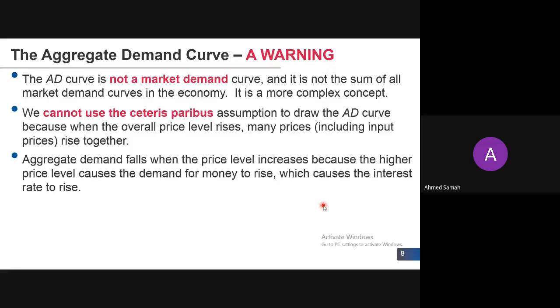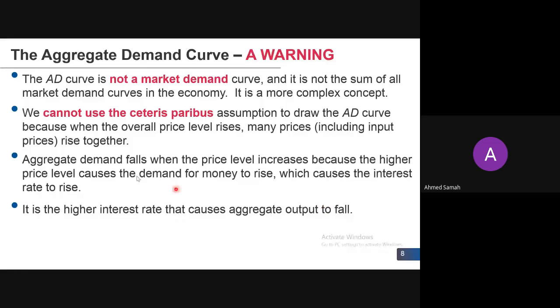When interest rates increase, fewer people can borrow at higher interest rates. Because of that, there will be low consumption and low investment, and then aggregate demand will fall.